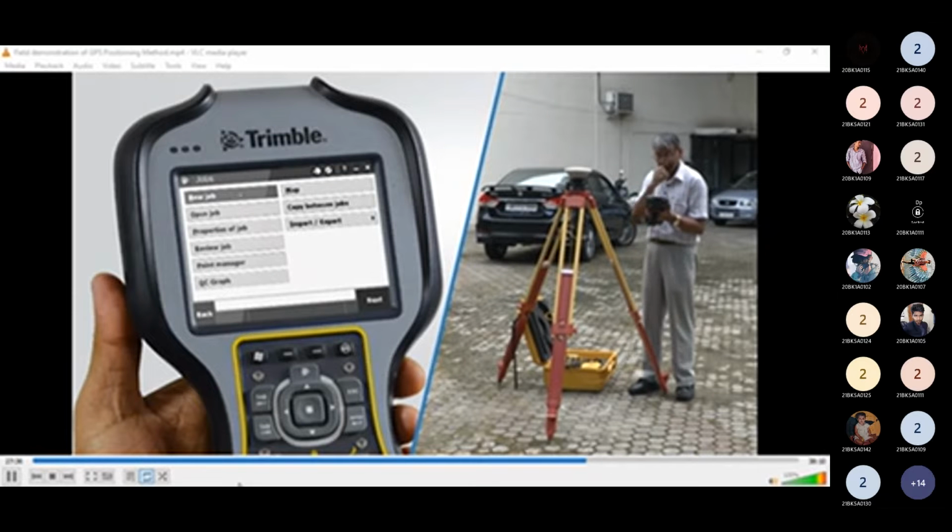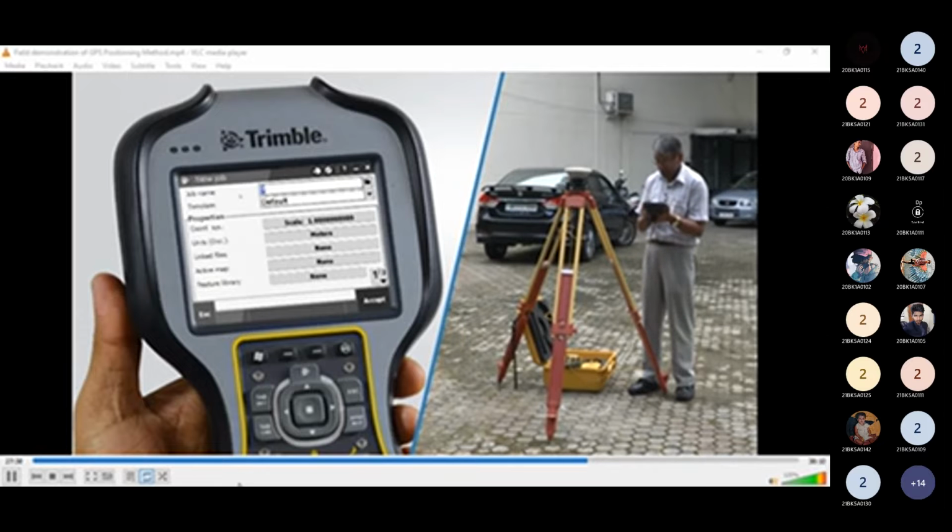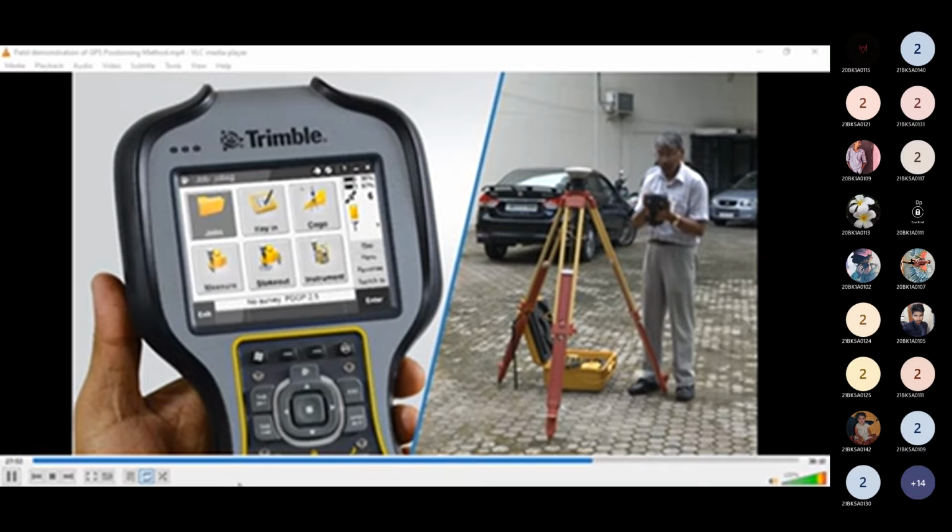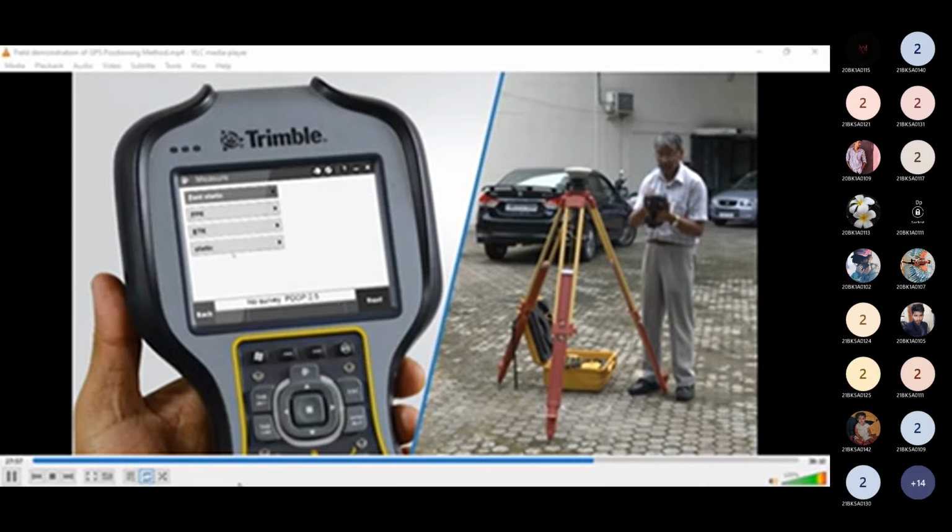Suppose we are giving the name as job stop and go, enter, accept. Next, after opening, we should go for measurement.